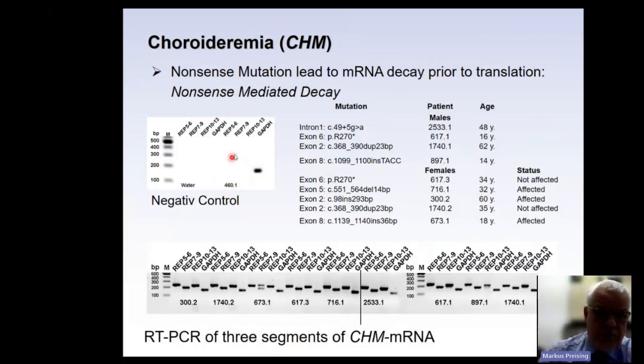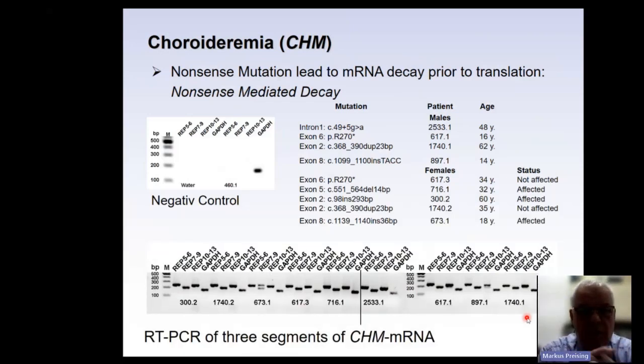We use here a large deletion from this patient as a negative control, and you see you don't get a product. But all the other variants we have, either duplications, insertions, stop codons, or splice site mutations, they all produce an mRNA that can be shown here in this assay.